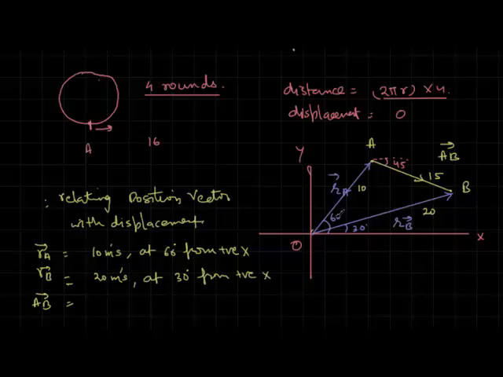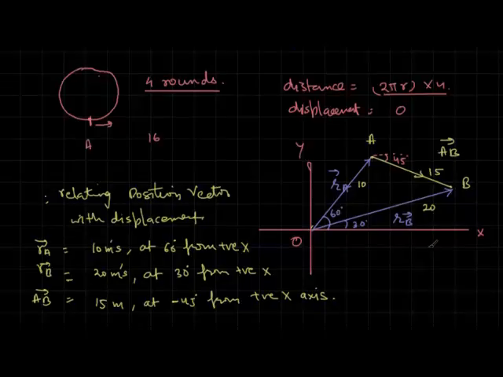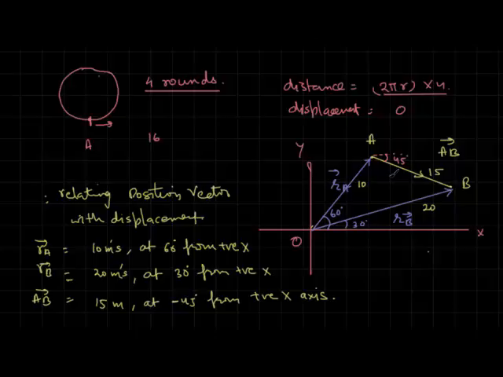AB vector, which is the displacement, is 15 meter at minus 45 degree from positive x-axis. So in this example, you can see that the displacement vector AB is the line joining the initial and the final position vectors.